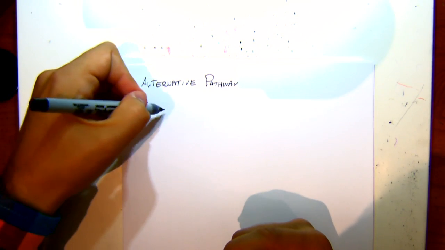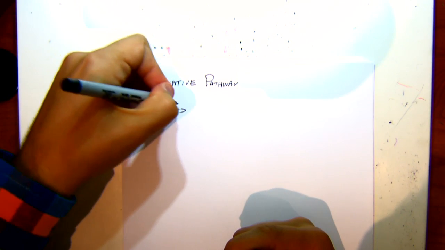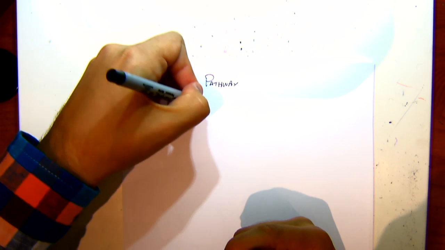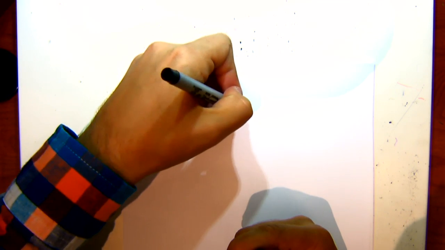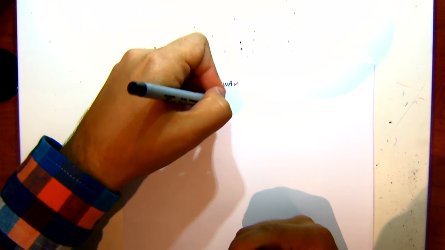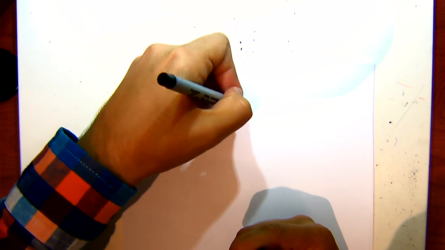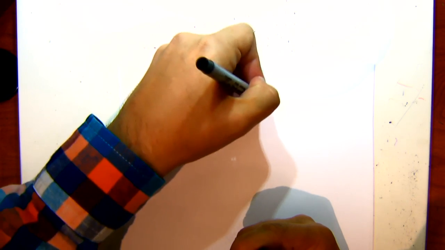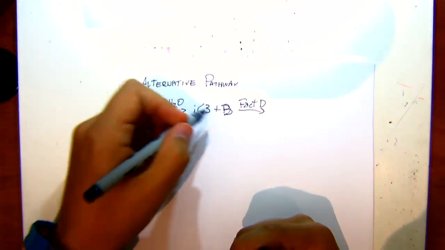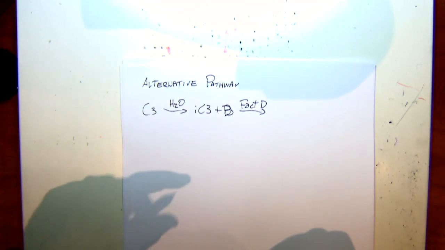So we have C3 gets hydrolyzed into iC3, and then factor B comes in, and factor D will cleave B into Ba and Bb.